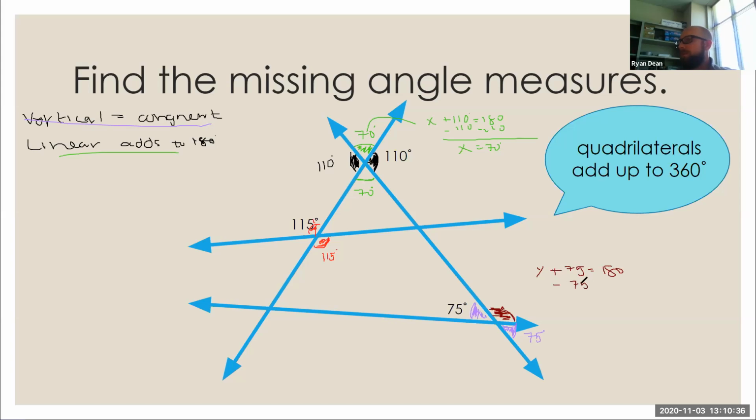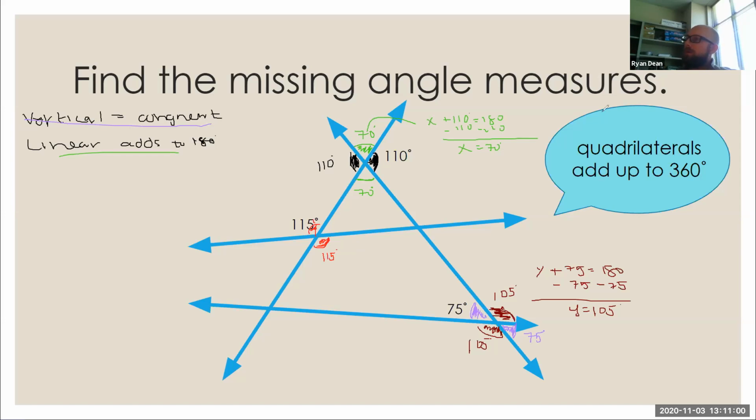Subtract 75 on both sides. You get y equals 105 degrees. So we have that there, and we have it here on the outside. Boom.